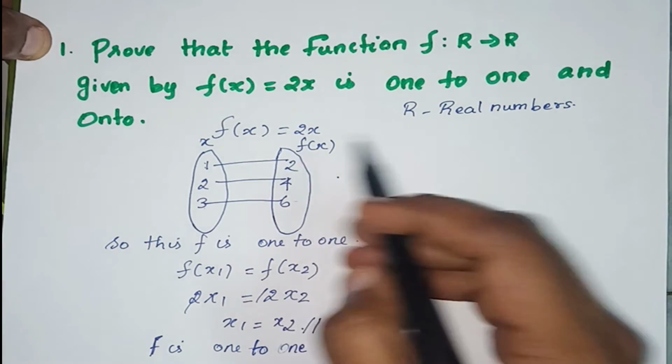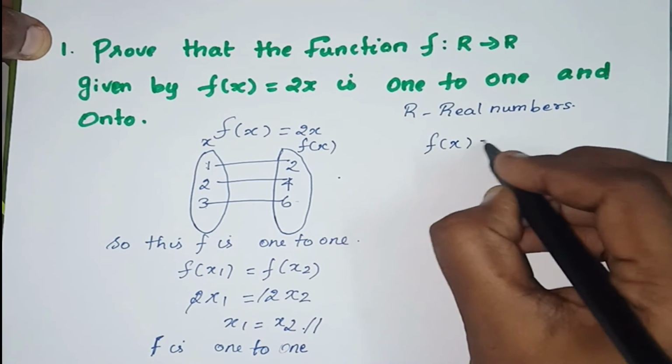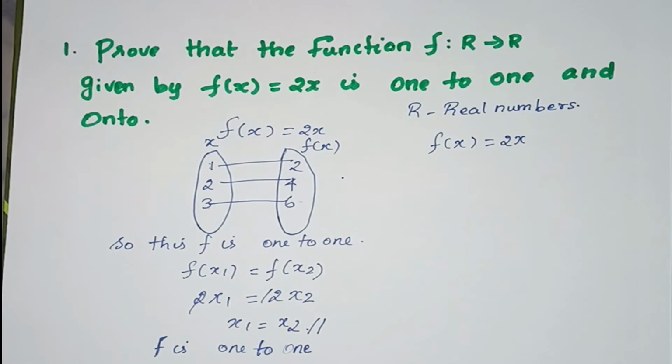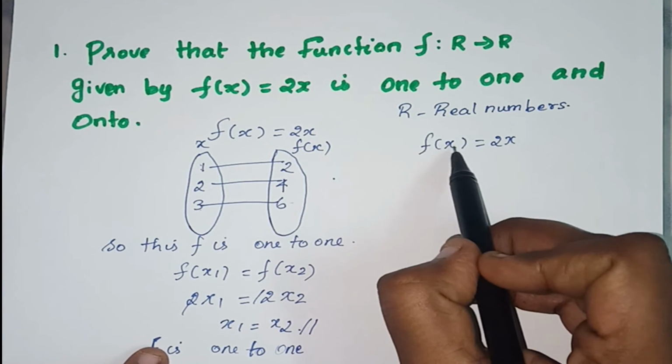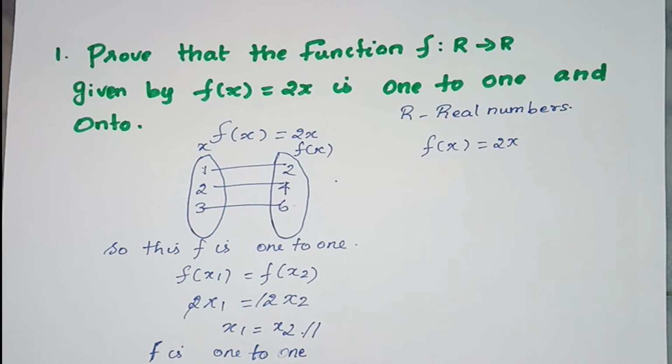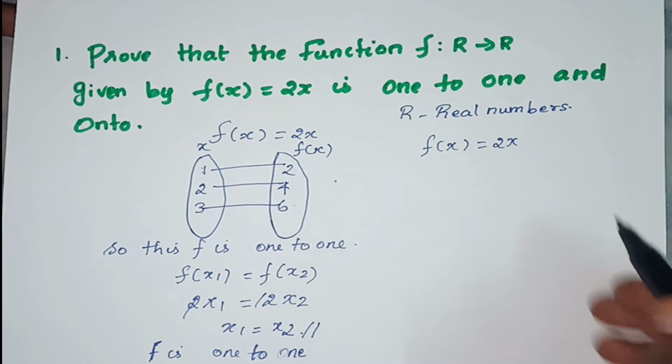Next we need to prove this function f of x equal to 2x is an onto function. So we will take f of x equal to 2x. So these x values are real numbers. So it could be a decimal number or a minus, plus, anything. It is all under real numbers, right?